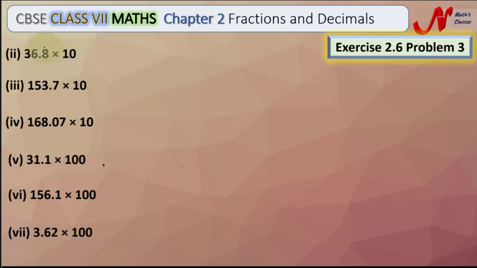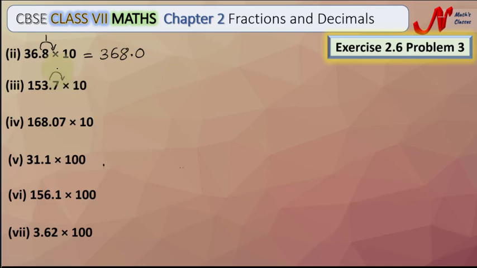Next, the second one: 36.8 into 10. Here also we have 1 0. So we shift the decimal point one place to the right side. So then we can write 368.0. Next, here we have 1 0.